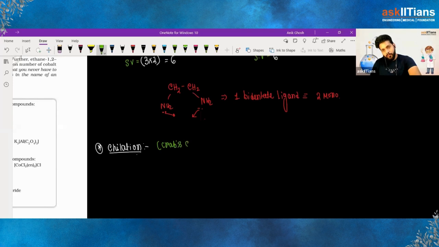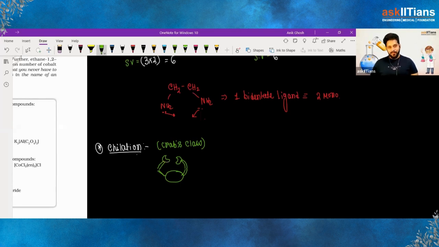The way a crab's claw looks, right? How does a crab look? It's a beautiful crab, isn't it, guys?